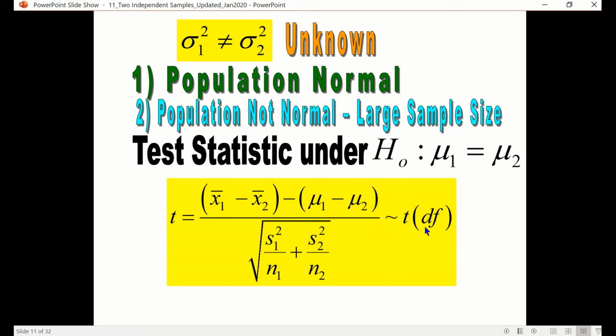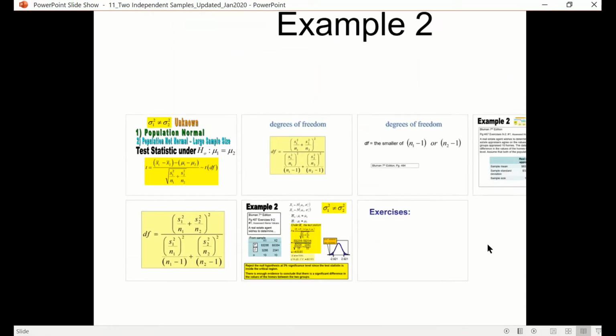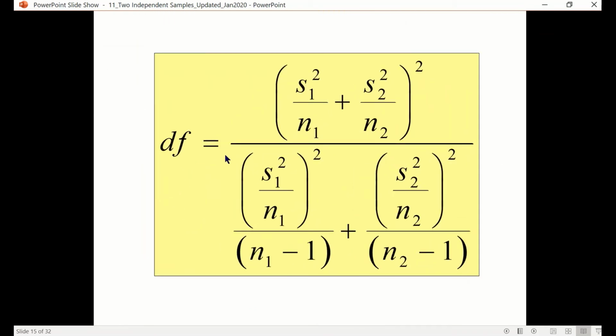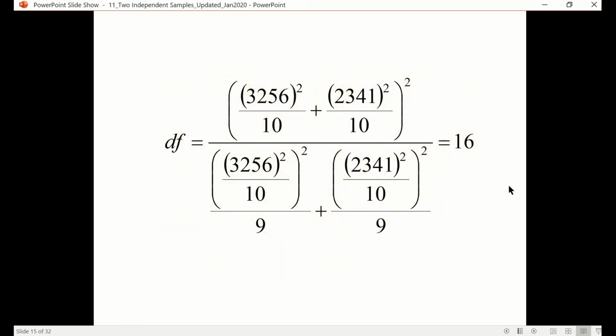We have to calculate this degree of freedom using this formula: the degree of freedom equals (S1 squared over N1 plus S2 squared over N2) squared, divided by [(S1 squared over N1) squared over (N1 minus 1) plus (S2 squared over N2) squared over (N2 minus 1)]. In this particular problem, we find that the degree of freedom is equal to 16.